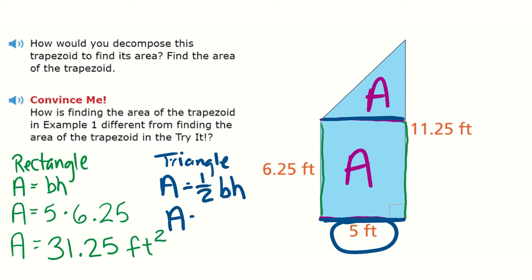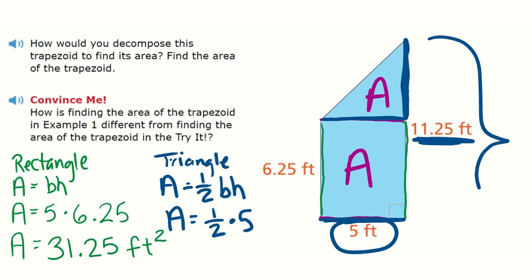So area is going to equal 1/2 times 5. Now we need to figure out the height. And I think this is where a lot of people have the most trouble. So the height of this triangle is just talking about this little distance right here. We know that that's not going to be this 11 and 25 hundredths feet because that refers to the whole height of the shape.